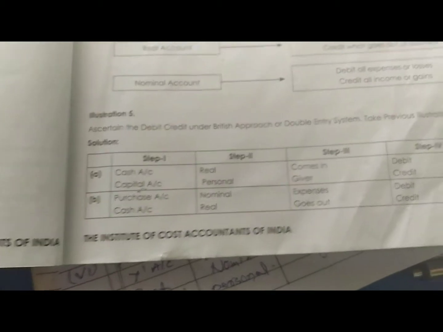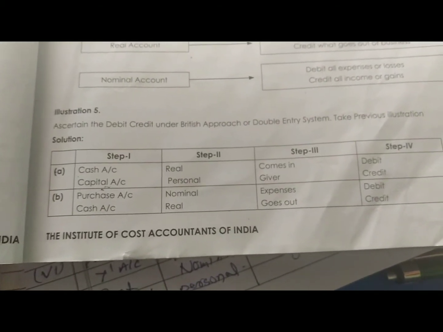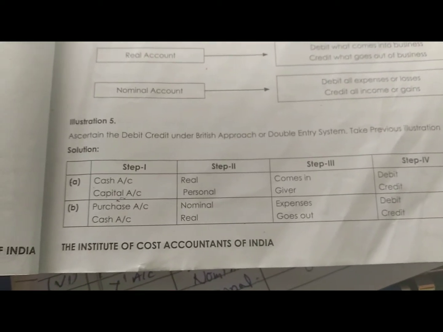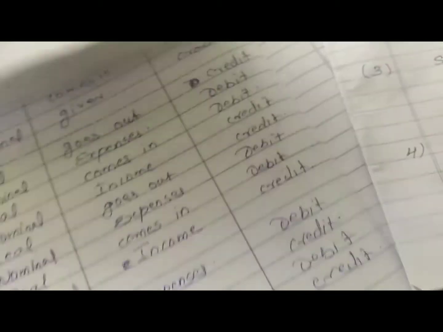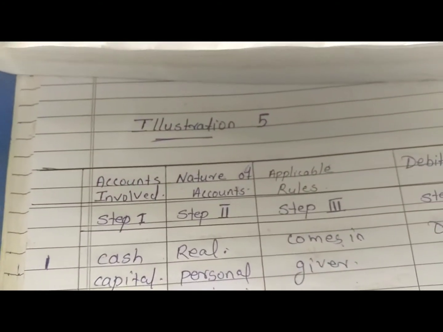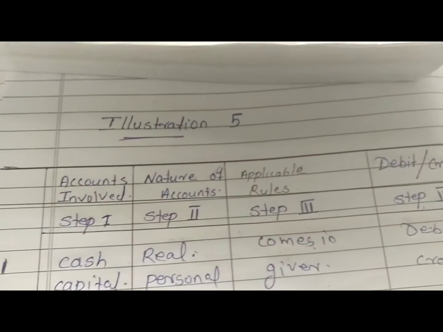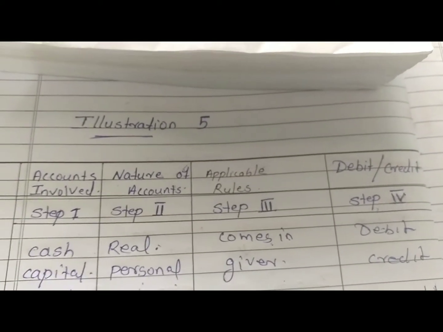In this textbook solution they have given four steps, and let me name each step: accounts involved, first step; nature of accounts, second step; applicable rules, third step; then debit and credit, fourth step.